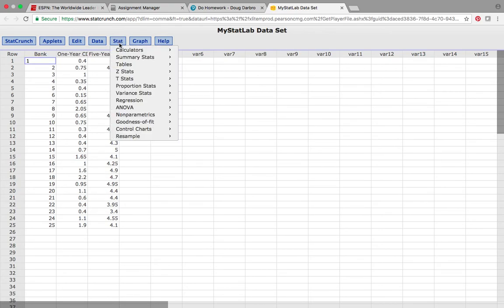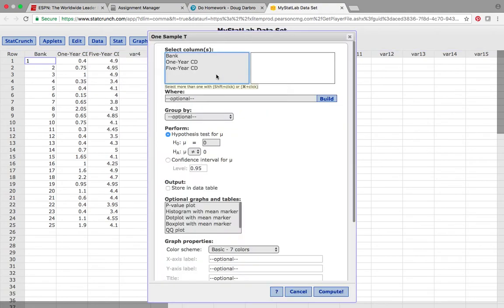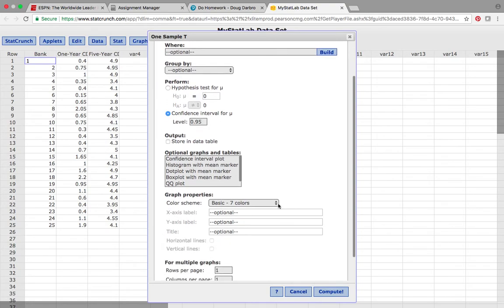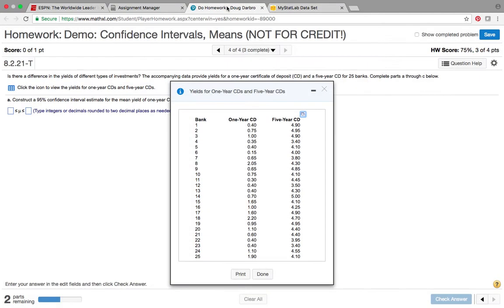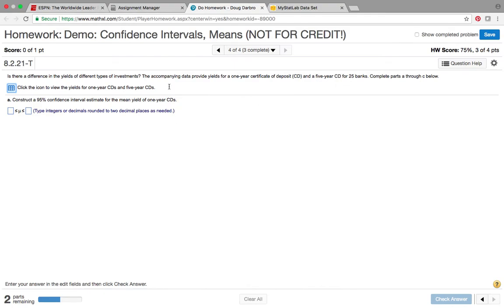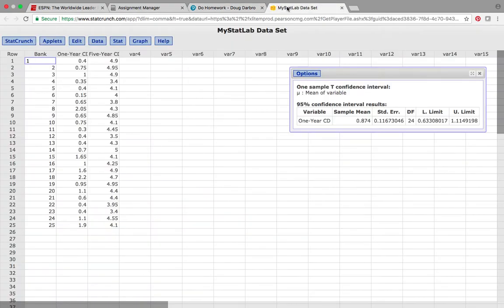The population standard deviation is not given, and I have data, not summary. So I want 1 year. I want 0.95. Let's go for it. So it wants me to do 2 decimal places. So 0.63, 1.11.